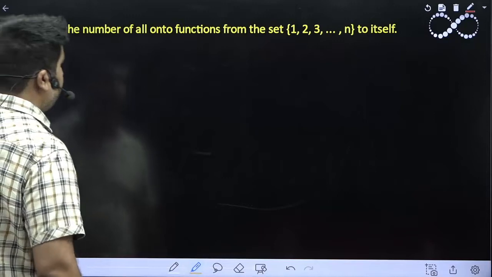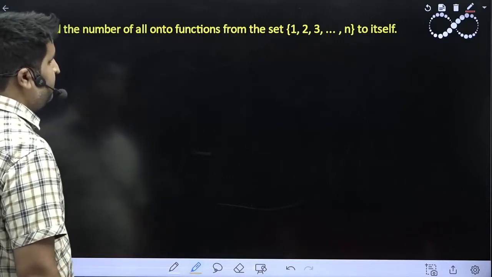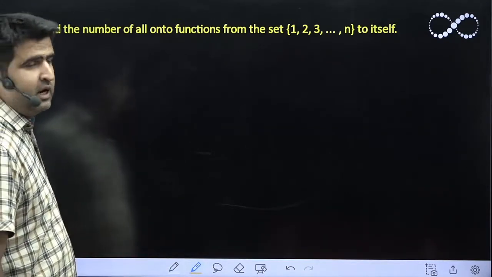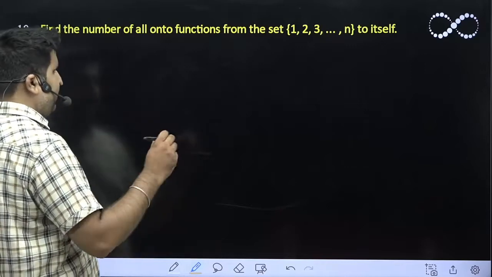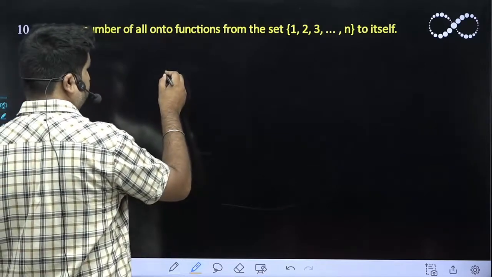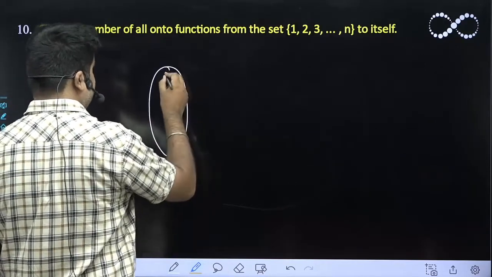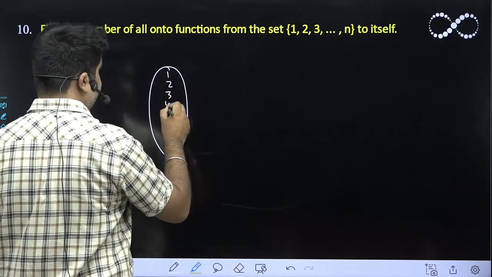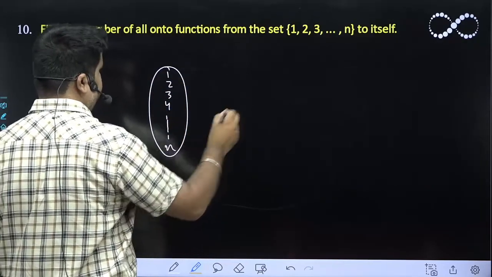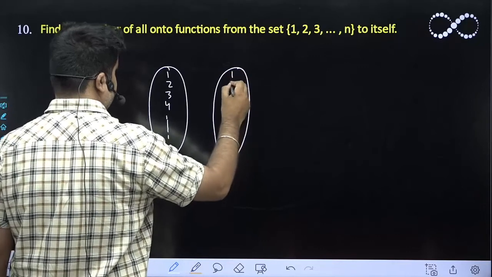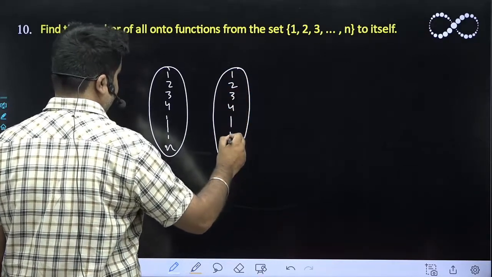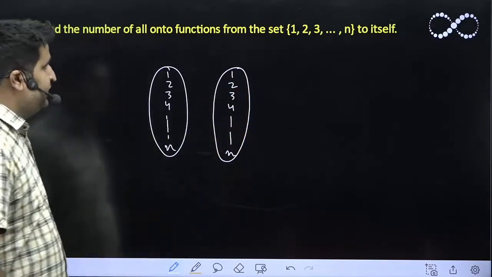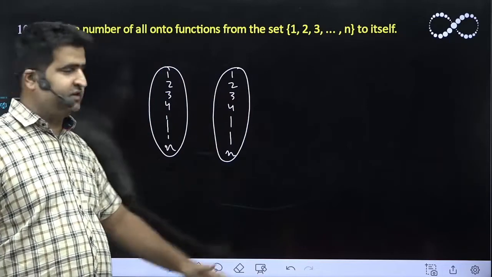Find the number of all onto functions from 1, 2, 3 up to n. So what you have to do is, this is 1, 2, 3, 4 up to n, and this is 1, 2, 3, 4 up to n. So you have to find the number of onto functions.